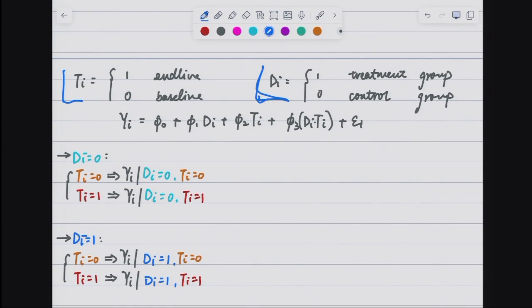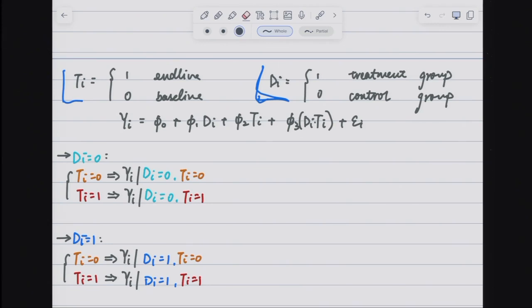And given that we have 2 dummies characterizing different characteristics, they separate our sample into 4 subgroups, matching T1 and T0 with D1 and D0. Then, given the linear causal model, we can write out 4 equations, one for each of the subgroups.